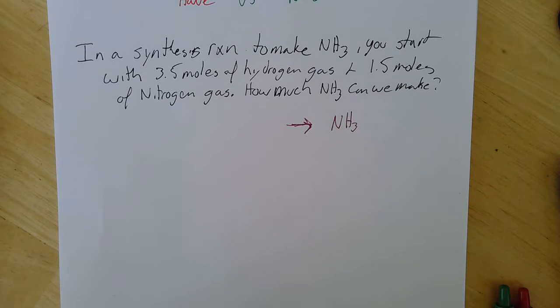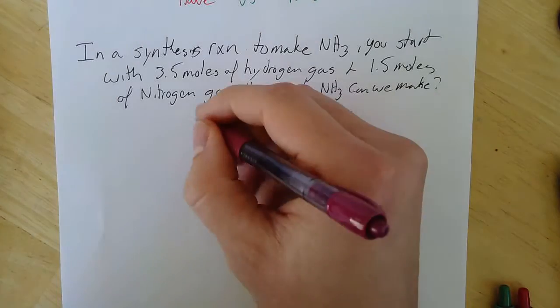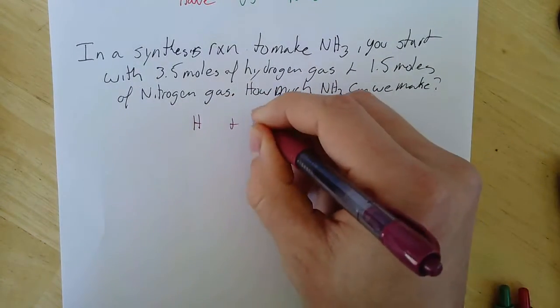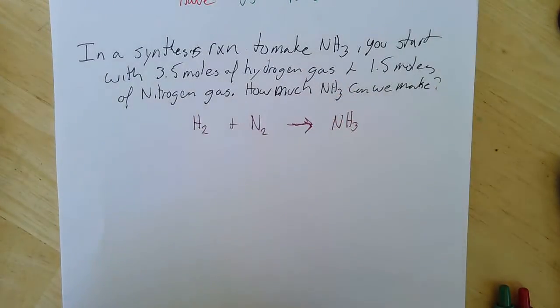In order to start with one thing and say what we're going to make from something else, we got to do stoichiometry. So I'm going to have hydrogen gas plus nitrogen gas. But remember, these guys are diatomic, so I need to put 2's right there. That's great. I have my chemical equation.